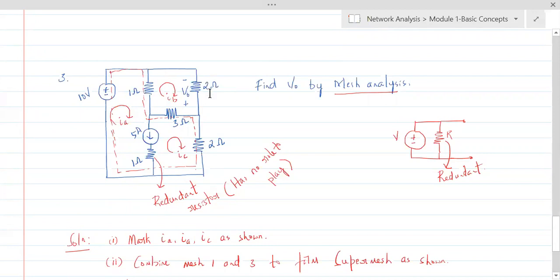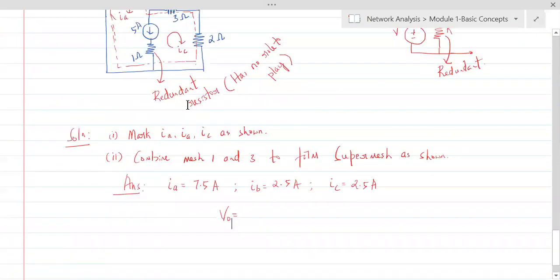It's minus 2 into IB because IB is approaching the negative sign of V naught. Since current is approaching the negative sign of V naught, V naught would be minus 2 into IB. So that is what you need to write. It's minus 2 into IB, which means that it is minus 5 volts. Fine.